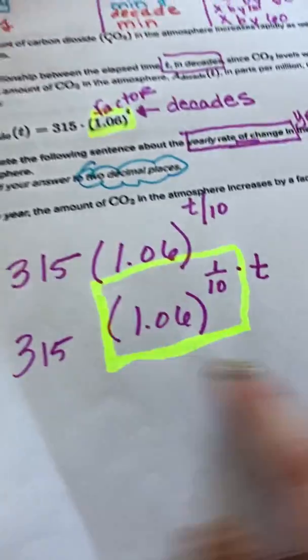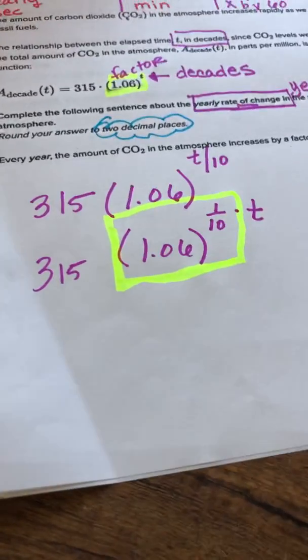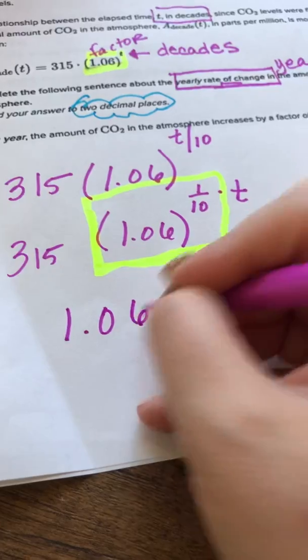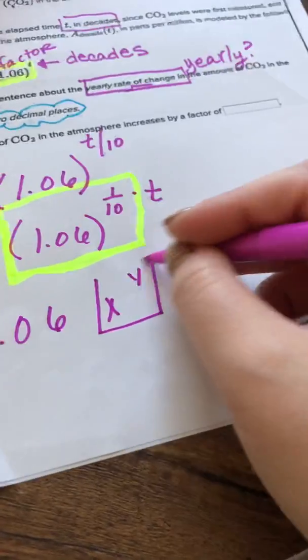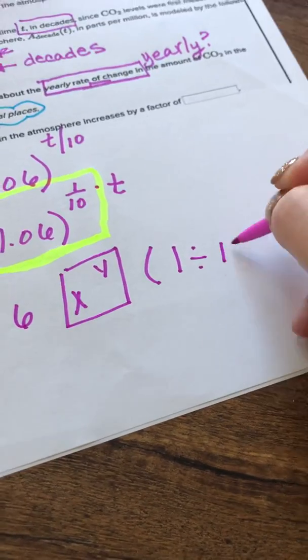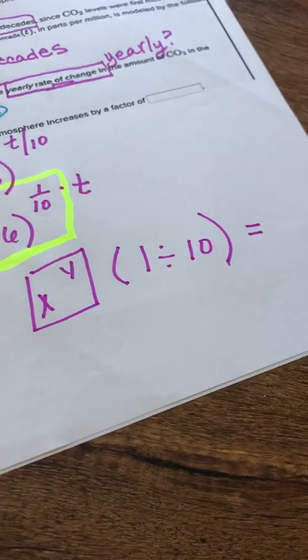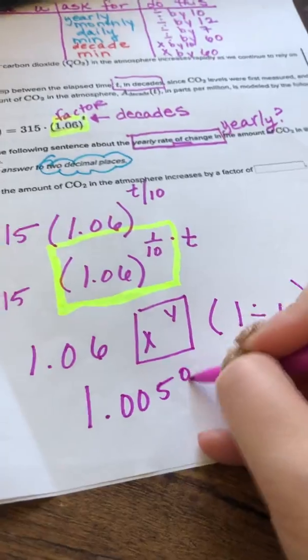So we're going to put this in our calculator. And remember, to do that, we type 1.06, then that x to the y button, then open parentheses, 1 divide 10, close parentheses, equals. And that should give me like 1.0058.